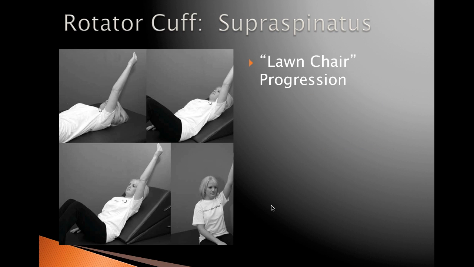Okay, something else, we talked about scaption, and we saw the patient in the picture before doing a full can exercise. If somebody can't do that, here's another progression called the lawn chair progression. First we can have them do it in supine on the table, and we can gradually put them more upright by using a wedge or pillows until they're able to do it against gravity.